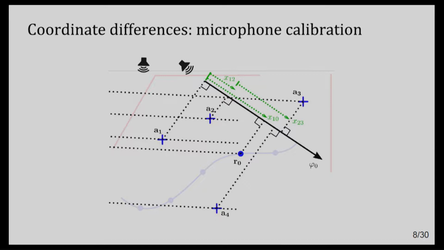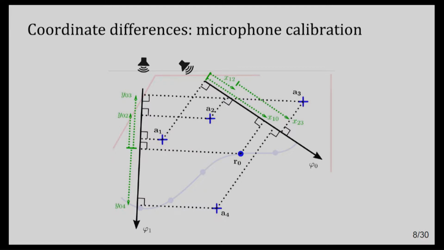I call these x12 for the time difference of the signal between anchor 2 and anchor 1 in this example. And the same thing we can do for the other direction. I call the directions phi 0 and phi 1 here. And now the question is, what can we reconstruct of the coordinates with this information?